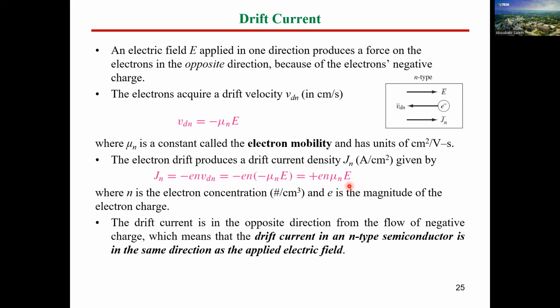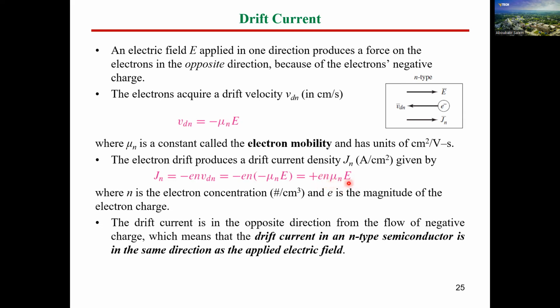E depends on external disturbance, because this is going to be the applied voltage. However, N depends on the semiconductor material or manufacturing. So if you would like to have a semiconductor material with high current, you can control that by means of concentration.